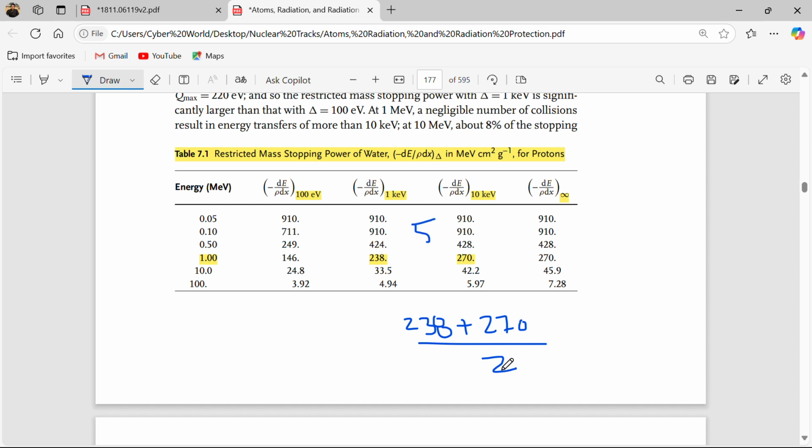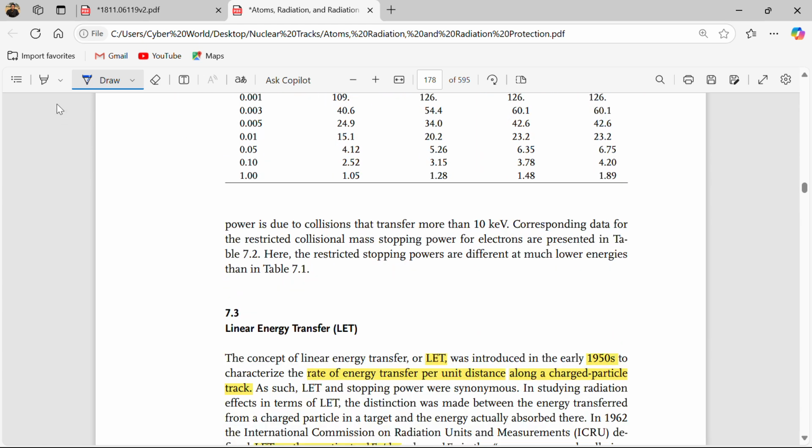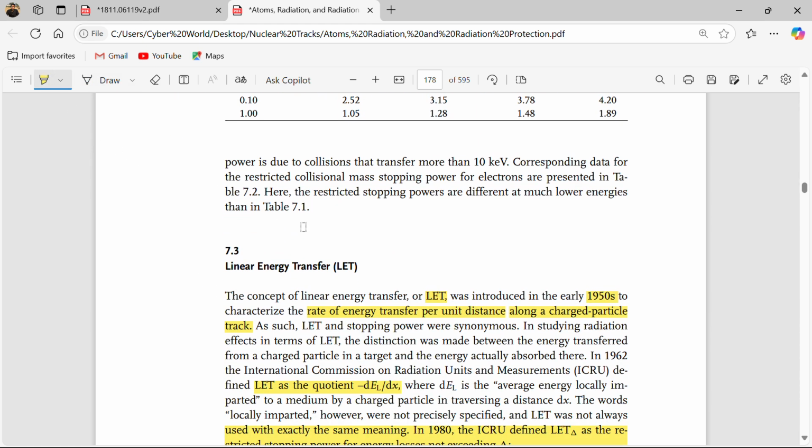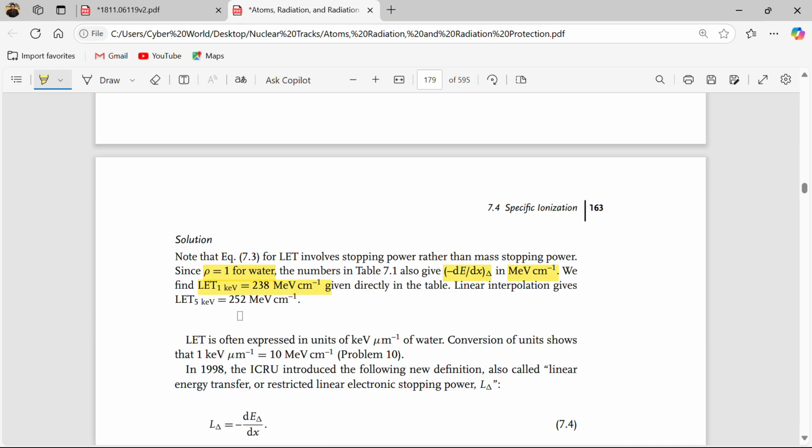So we get 252. This must be the value. Let's check. Yes, we are right. So the LET at 5 keV is 252 mega electron volts per centimeter.